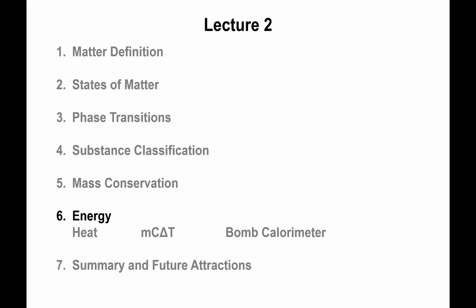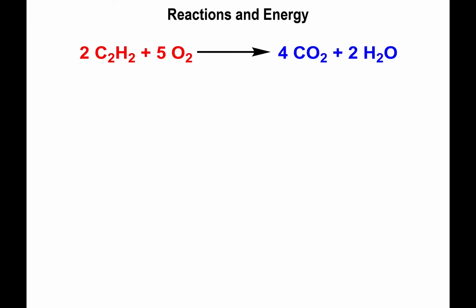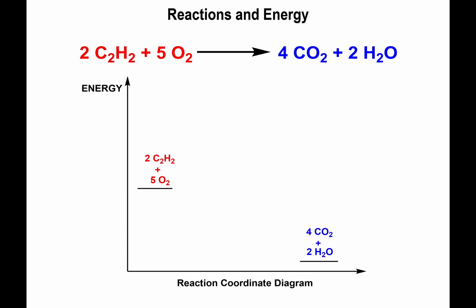All right, now energy. This is another interesting concept in chemistry that we're definitely going to see how it plays out in the context of doing reactions. The first thing I want to tell you about is that when it comes down to reactions, looking at the energy of reactants versus the energy of the products, there can be a difference between them.